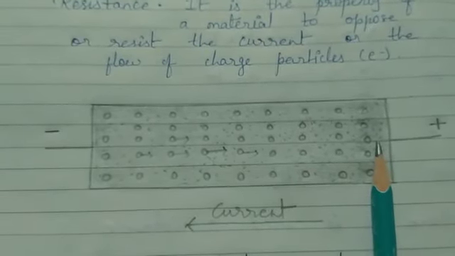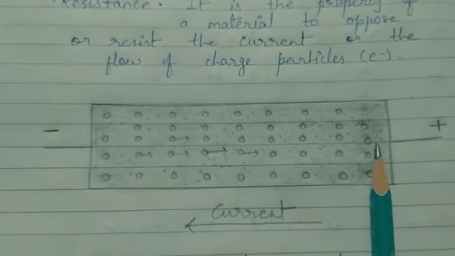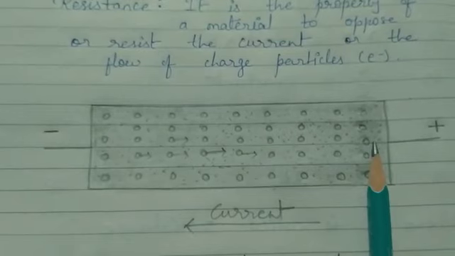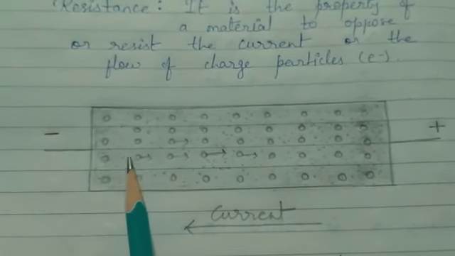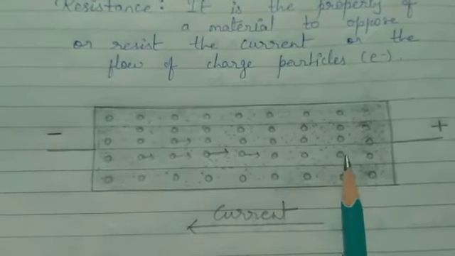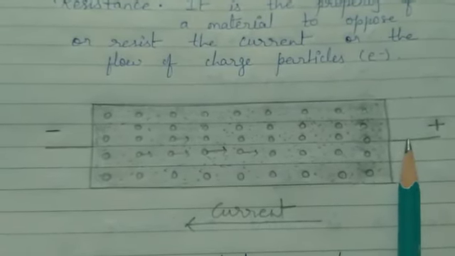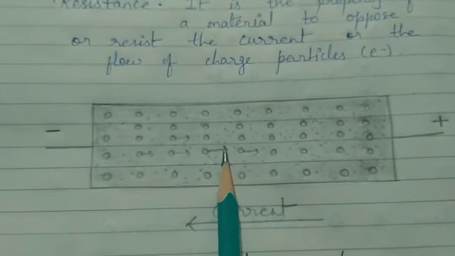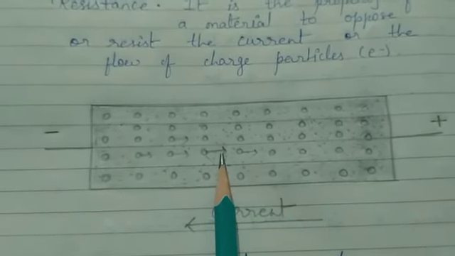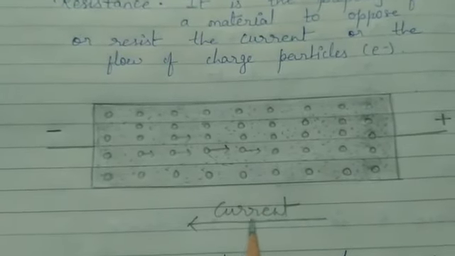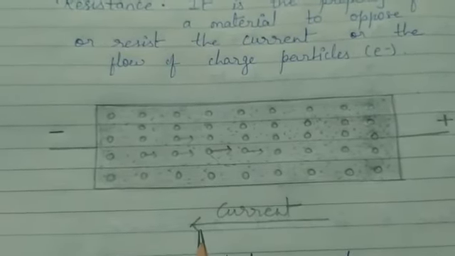Electrons are negatively charged particles, so by applying potential difference they will be attracted towards the positive terminal. Here you can see the direction of motion of electrons is to the right, so the current will be in the left direction. The direction of current is opposite to the direction of electrons.